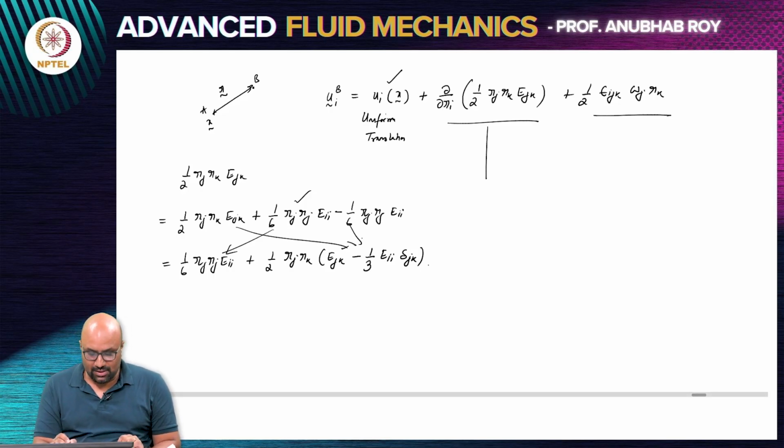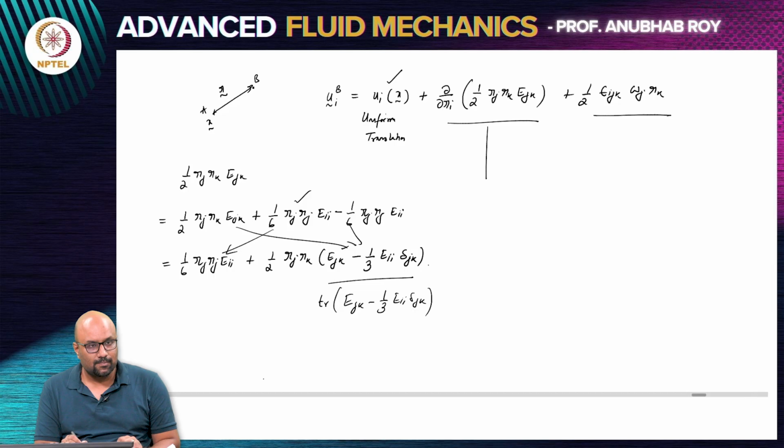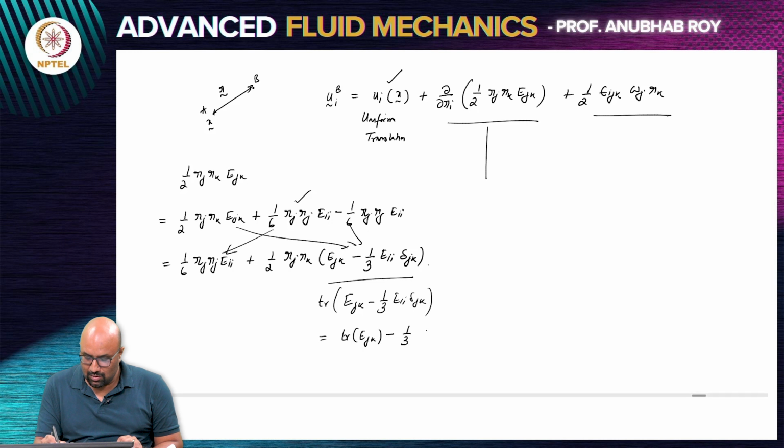Now what's the purpose of doing this? If you see the second term Ejk minus 1/3 Eii delta Jk, if you take the trace of this, the trace of this object is going to be trace of Ejk minus 1/3 Eii trace of delta Jk.